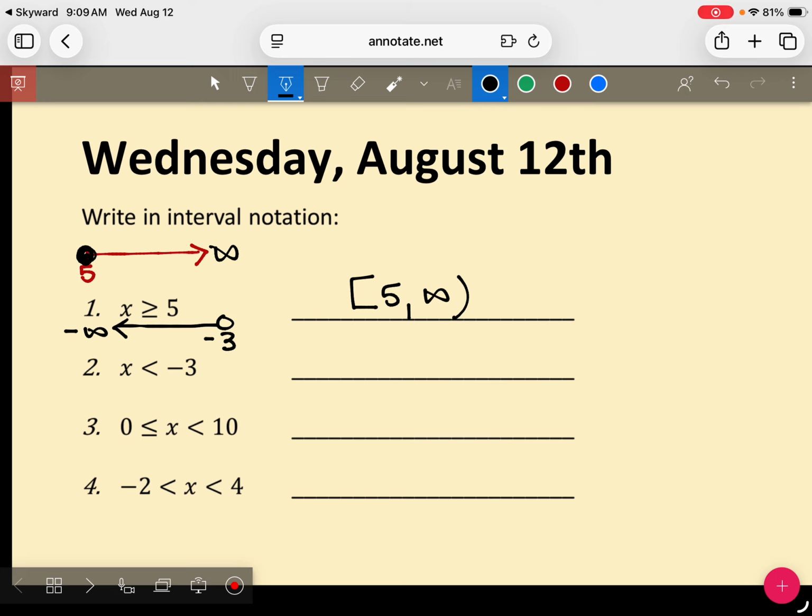And I can go up until -3. It cannot be -3. It could be close to -3, but not -3, because it doesn't say it can equal -3. So it would be -infinity to -3. Both sides will get a parentheses.